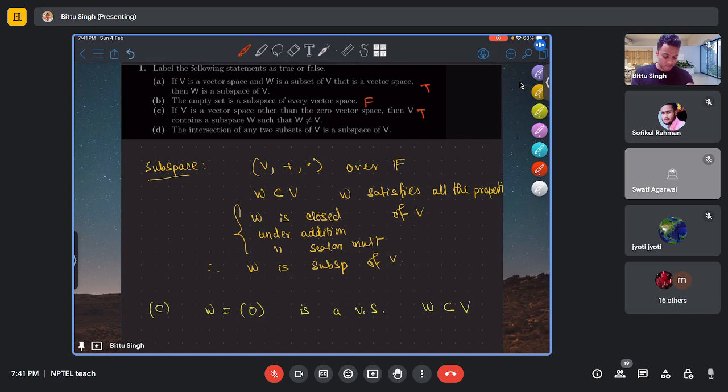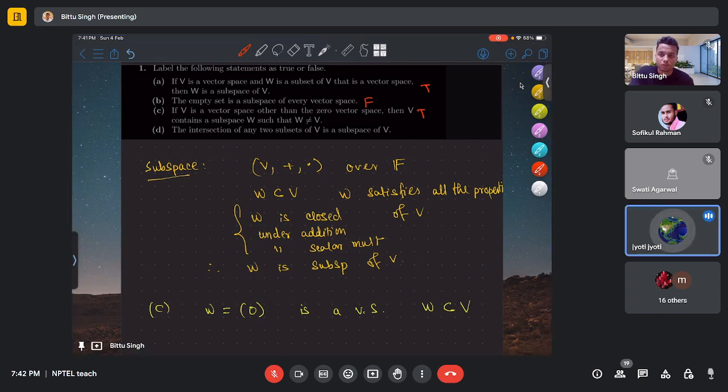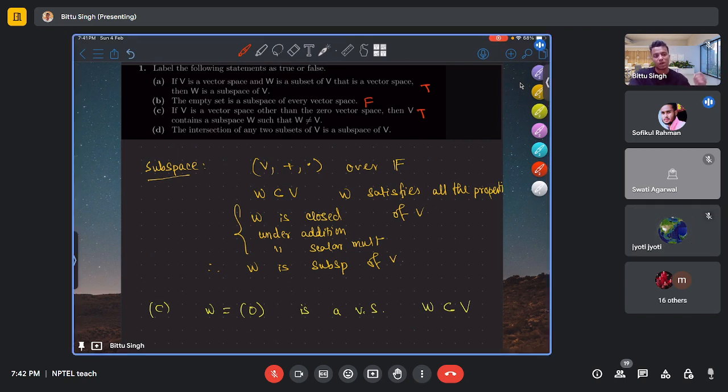What about the next question? The intersection of any two subsets of V is a subspace of V. Is it true? No. We have the property that the intersection of two subspaces of V is again a subspace, but we can't say that about subsets, because those subsets may not form a vector space.